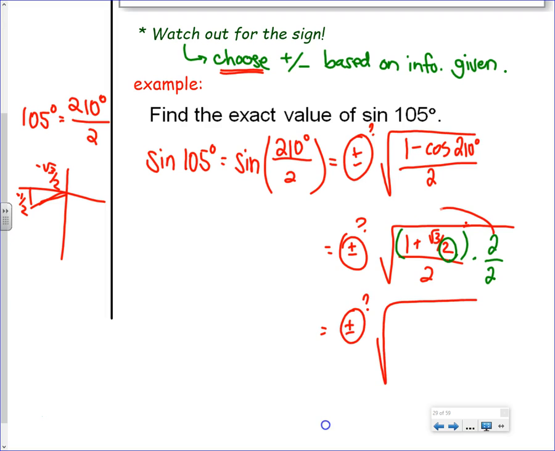We end up with 2 times 1 is 2. The 2's cancel. Rad 3 all over 2 times 2 is 4. I can't really simplify this, guys. It's going to be a nasty decimal. But what can I do if there's a 4 in a denominator under a square root? I can make it a 2 without the square root.